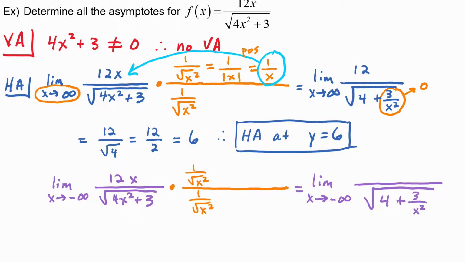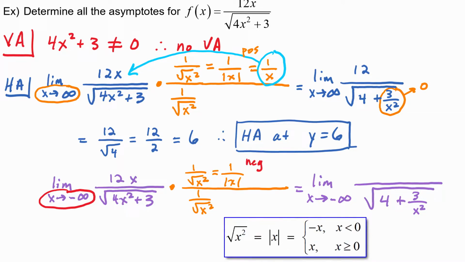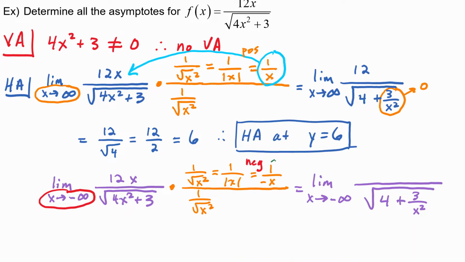In the numerator, we need to get this x squared out from under the radical, so this becomes 1 over the absolute value of x. And this time, because we are going through negative numbers, that means that this is going to simplify to be 1 over negative x. And now that is what we will use to multiply times the numerator.